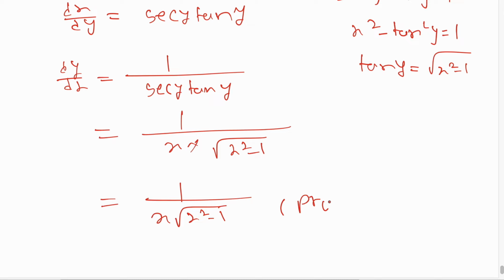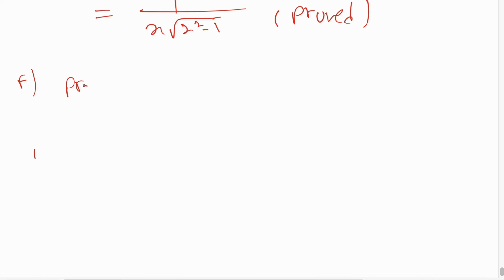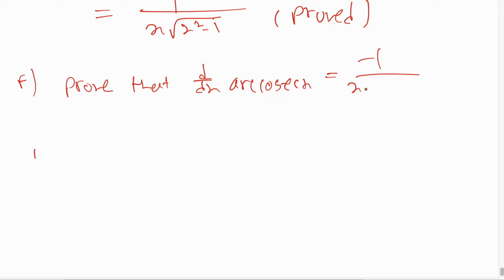Proved. And there is the last part, which is proof that d/dx of arccosec x is equal to minus 1 by x root x square minus 1.